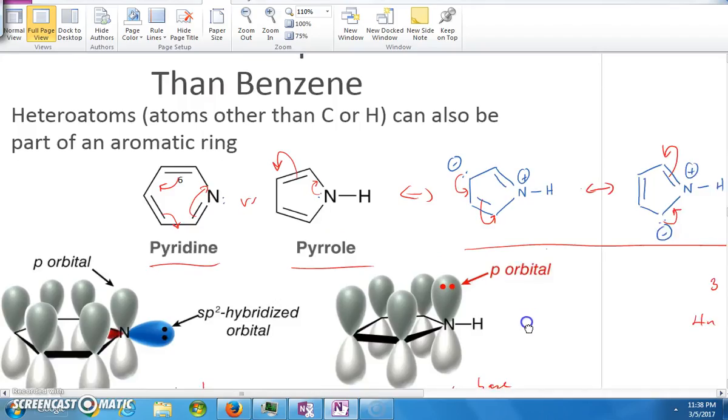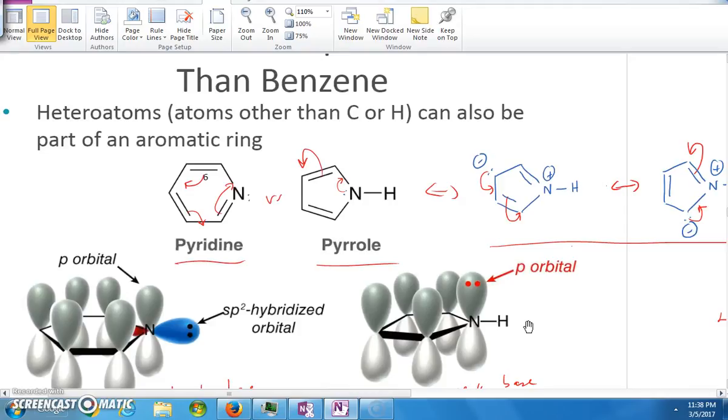Because pyrrole can become aromatic by utilizing this electron pair right here, it's a very, very weak base.